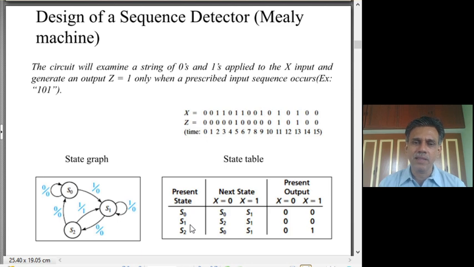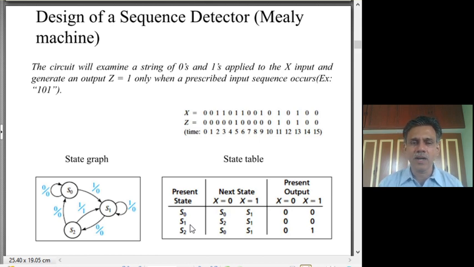We may say that AB, if it is 0 0, designates S0. If it is 0 1, it is S1. 1 0 is S2, and 1 1 represents the state S3, which is not being used.